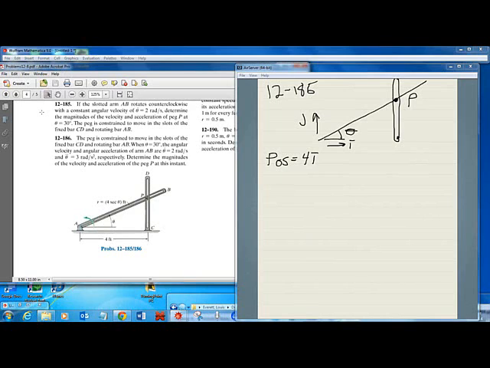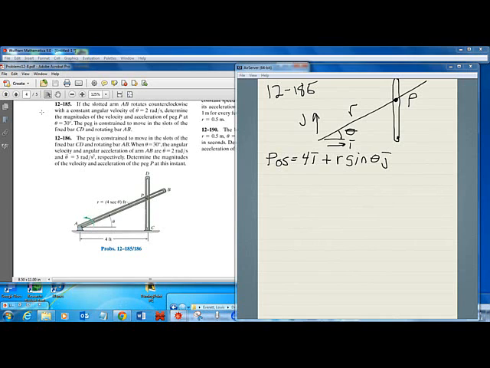It would be this distance right here, R sine theta, right? R sine theta. Okay, so then I'm going to go R sine theta J. So far, so good?